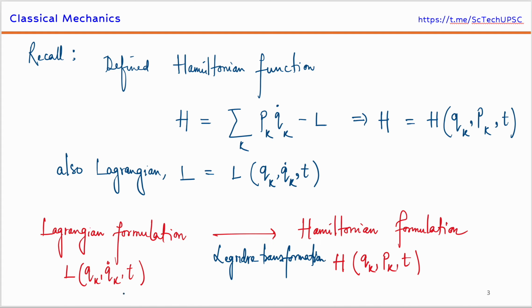What we have to make a note of is that in the Lagrangian function the arguments are qk dot and t, and in the Hamiltonian we have pk. So we try to get rid of the time derivative of the generalized coordinate qk, and use the generalized momenta pk in the new function H.